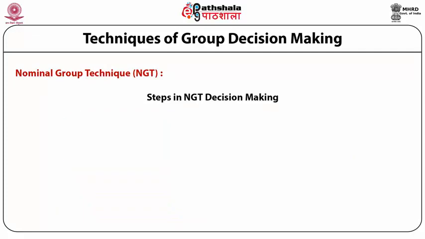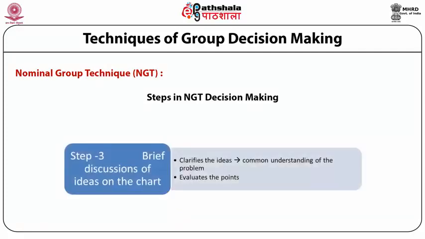After this, they move on to the third step, where a brief discussion of the ideas on the chart is done, whereby there is clarification of the ideas, which leads to a common understanding of the problem by the group members, and the various evaluation of the points is done.